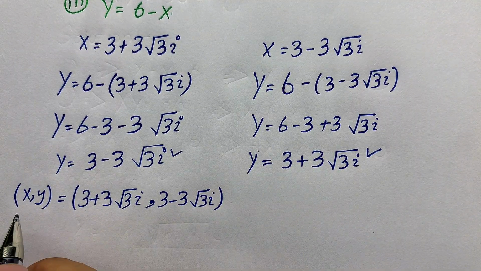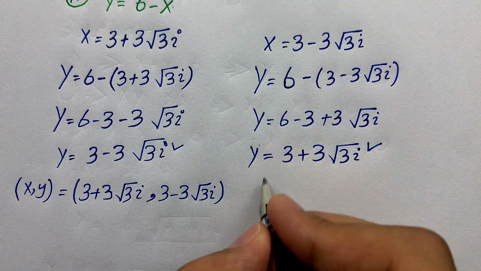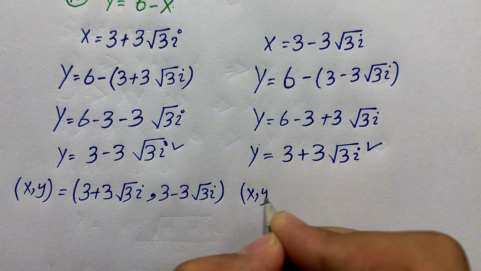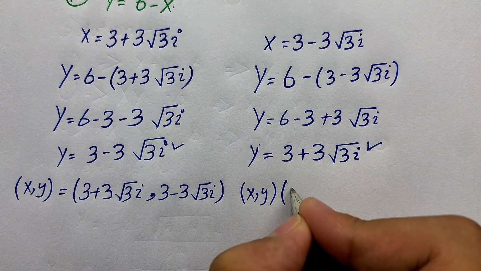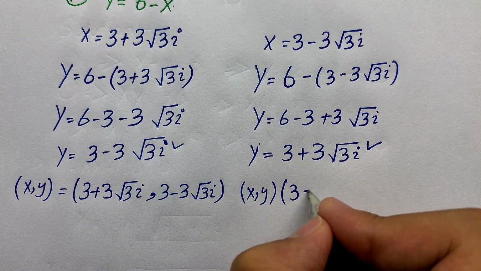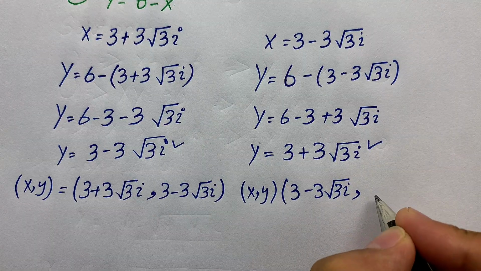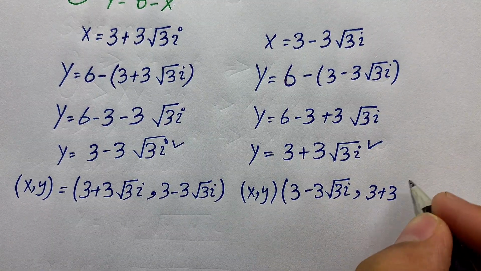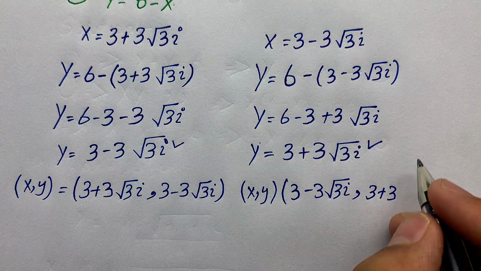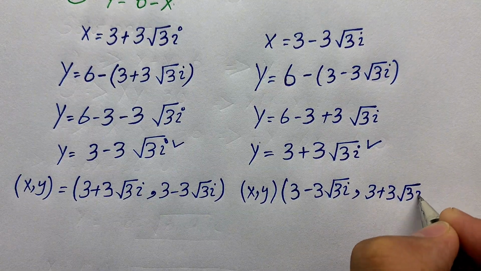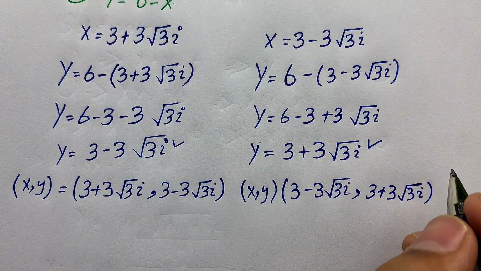This is our first value of x and y, and this is our second. That is, x is 3 minus 3 into square root of 3 iota, and our y is 3 plus 3 into square root of 3 iota.